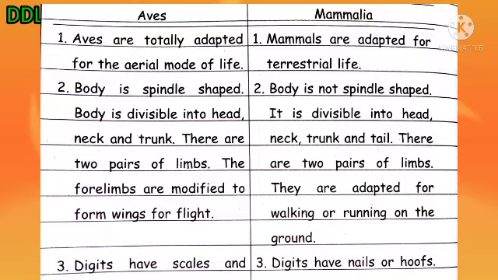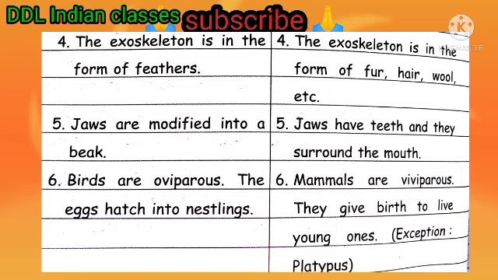Third point, in aves digits have scales and claws, and in mammals digits have nails or hoofs, few have claws. Fourth point, the exoskeleton is in the form of feathers, and in mammals the exoskeleton is in the form of fur, hair, wool, etc. Fifth point, in aves jaws are modified into a beak, and in mammals jaws have teeth and they surround the mouth.